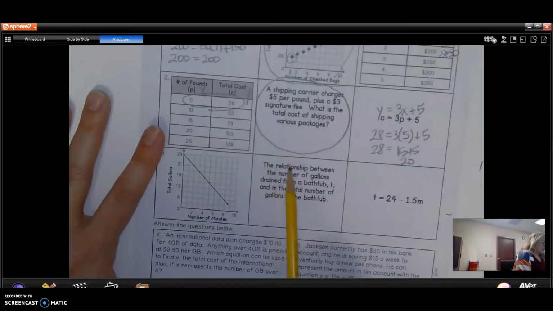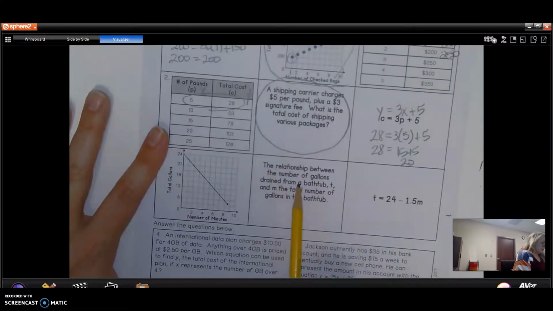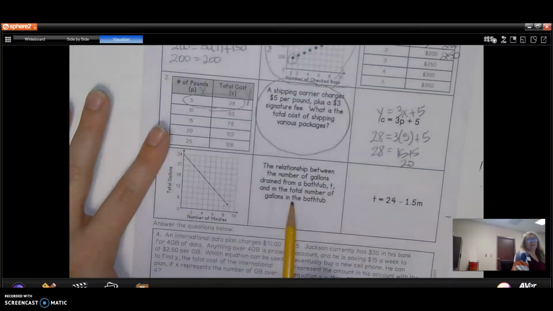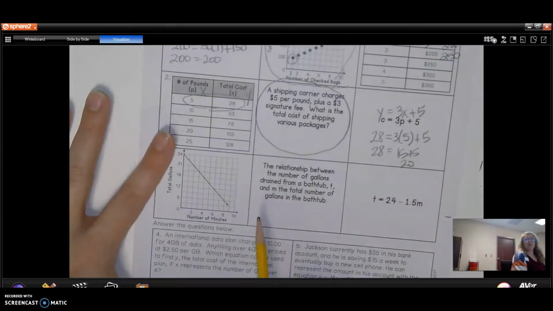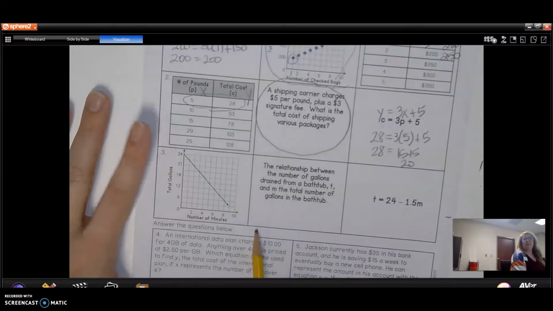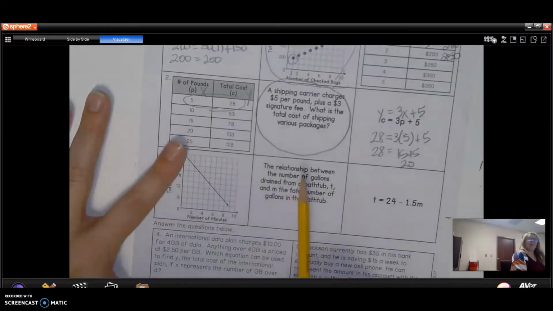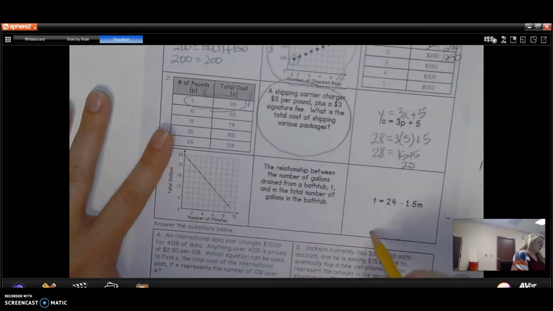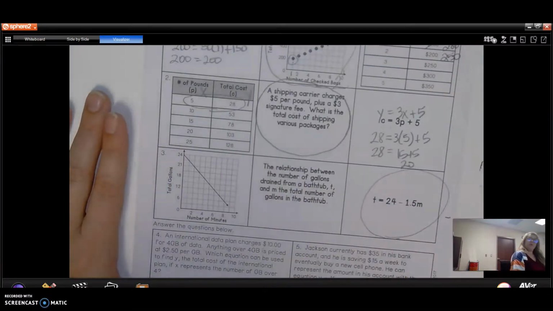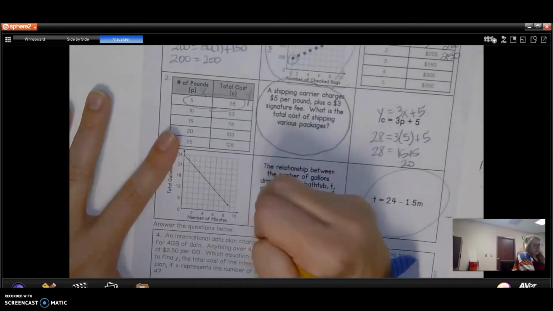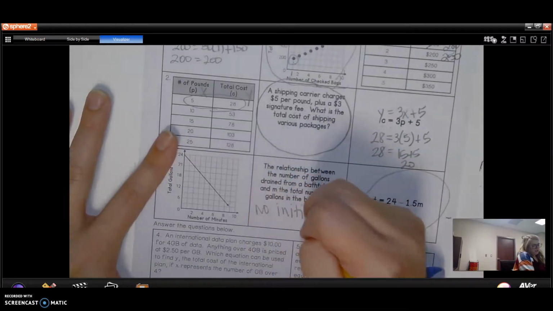The relationship between the number of gallons drained from a bathtub and the number of minutes it has been draining, which is M, but it doesn't give us anything about that initial value. So this one's going to be the better representation, and that's just because this one did not give us an initial value.